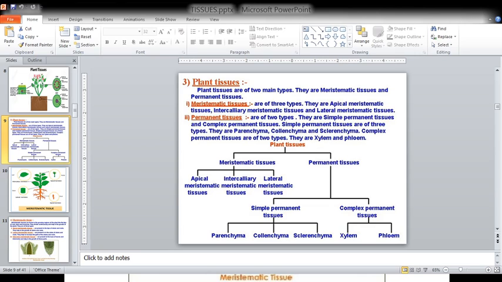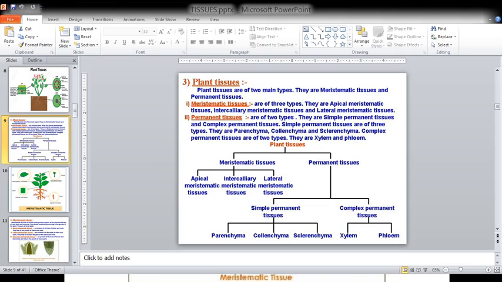And again these meristematic tissues are further divided into different categories which are based on their location. Means whatever you are going to see, these apical, lateral and intercalary meristematic tissues, these categories depend upon the location of the tissues.